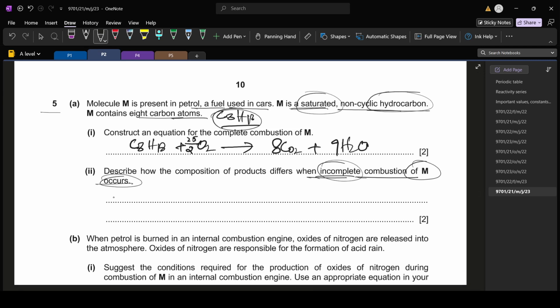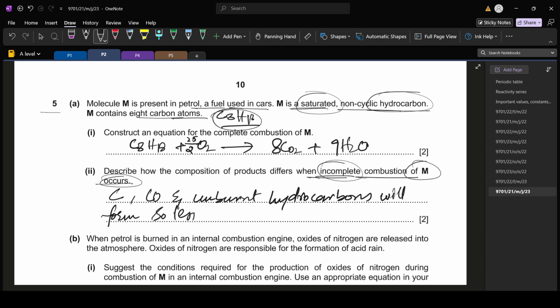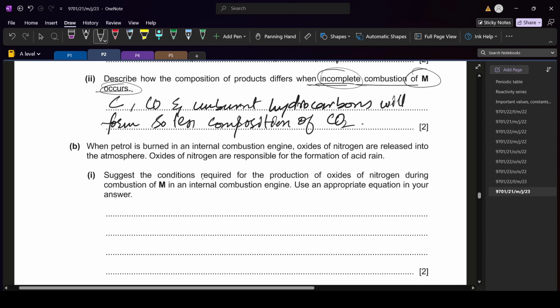So there will be less composition of carbon dioxide.